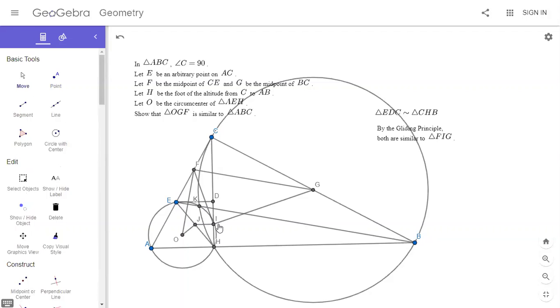So we want to show that OI is also perpendicular to KH. Okay, actually, I see why these three are concurrent at point K.